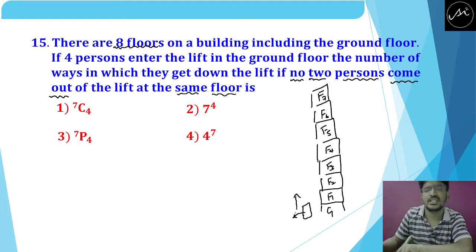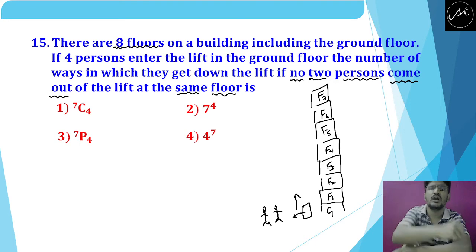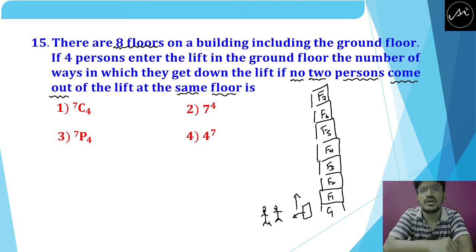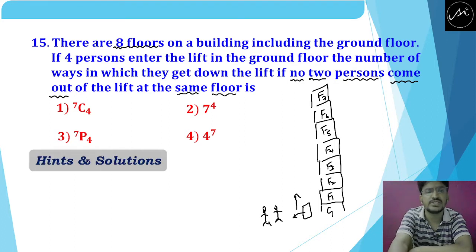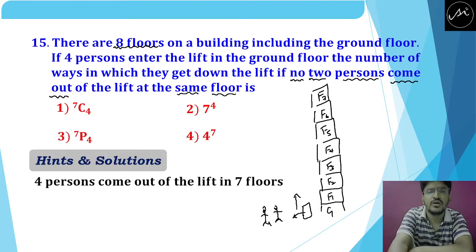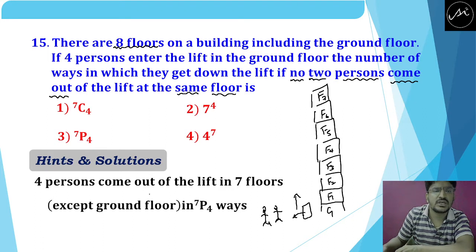At the same floor, 2 persons must not come outside. Clear? So if 2 persons simultaneously do not come outside, the number of cases will be like this: 4 persons come out of the lift in 7 floors will be 7P4.